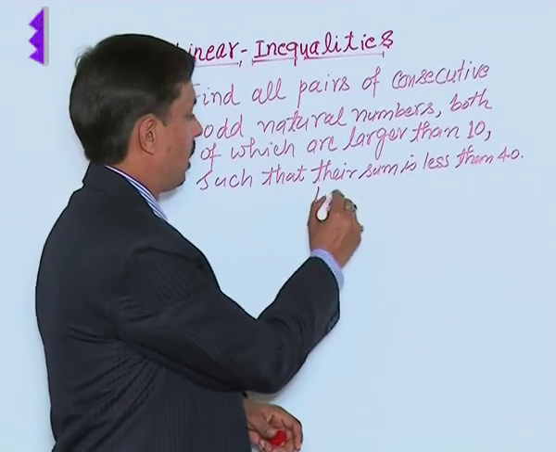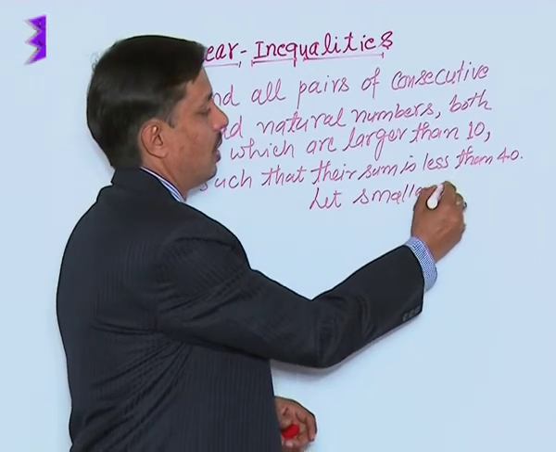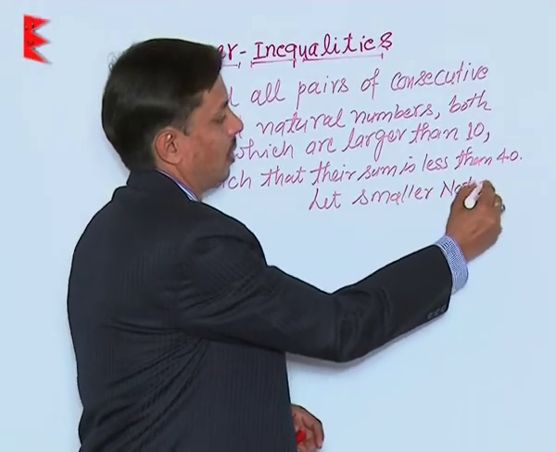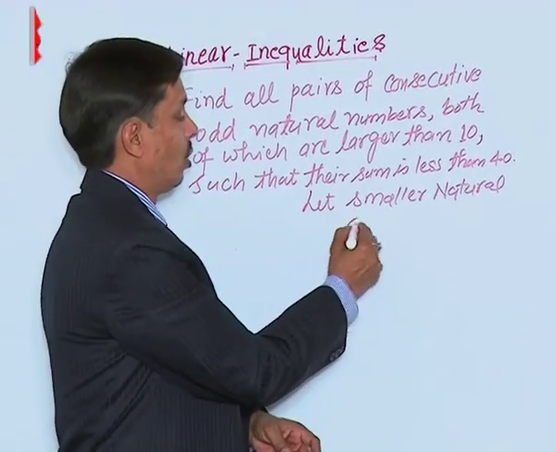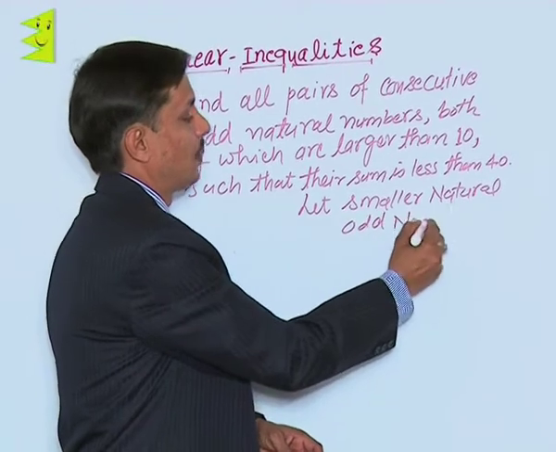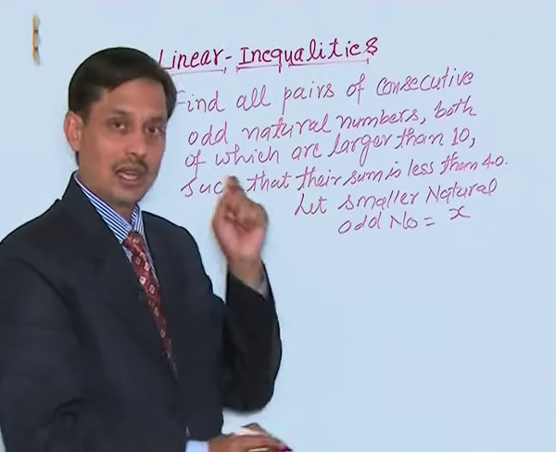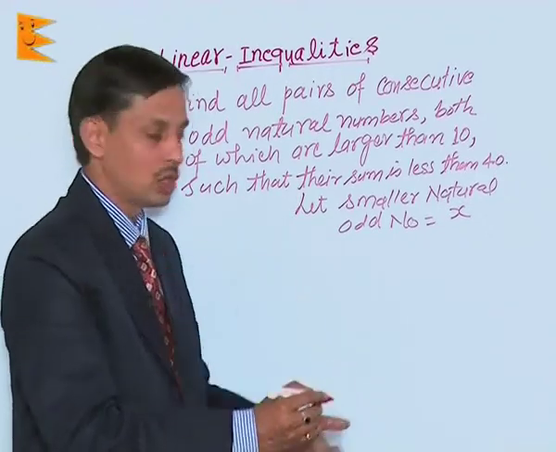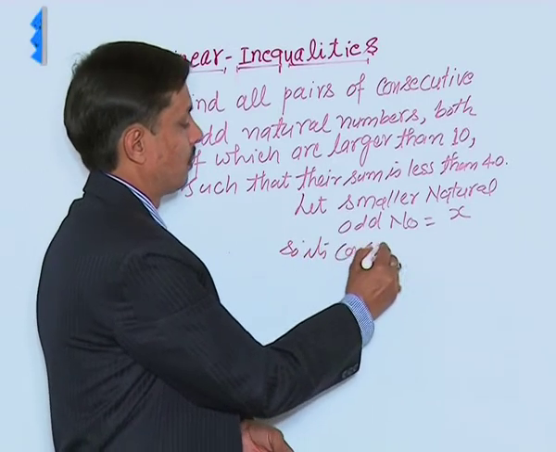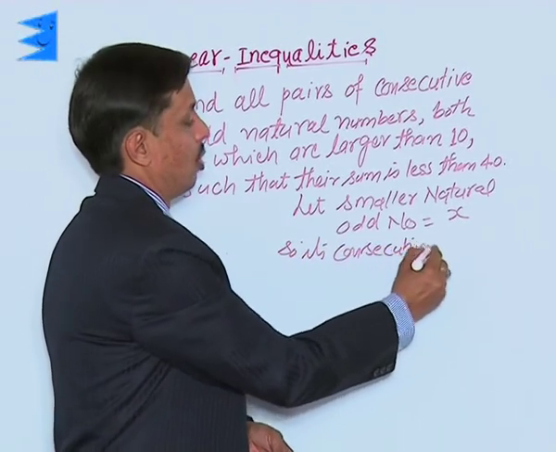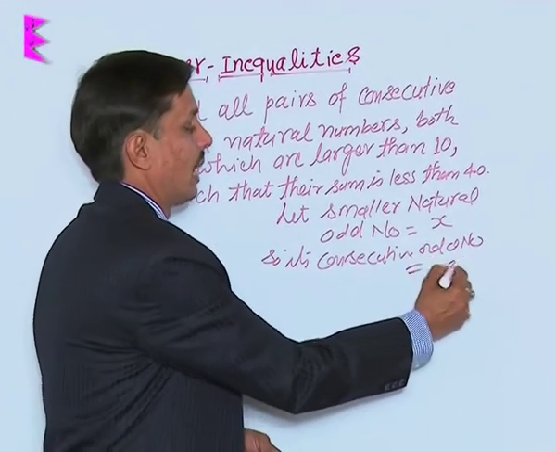To explain it, let the smaller, or the first, natural odd number be x, then its consecutive odd number is equal to x plus 2.